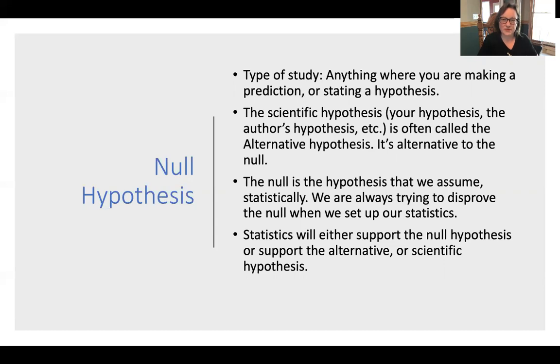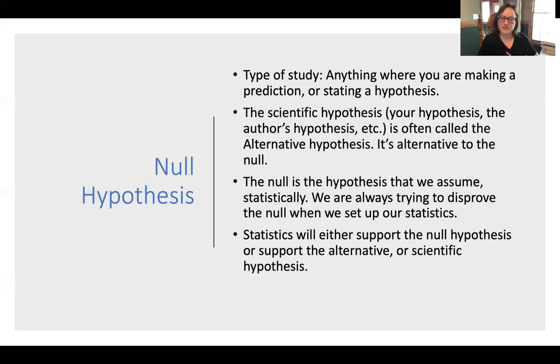So you look at what the authors are saying. What is their hypothesis? Their hypothesis is what we call the alternative hypothesis or the scientific hypothesis. The reason it's alternative is because it's alternative to the null. The null hypothesis is that there is no effect. I'm doing this study and it won't work, or whatever I'm looking at will have no relationship. That's the null hypothesis.